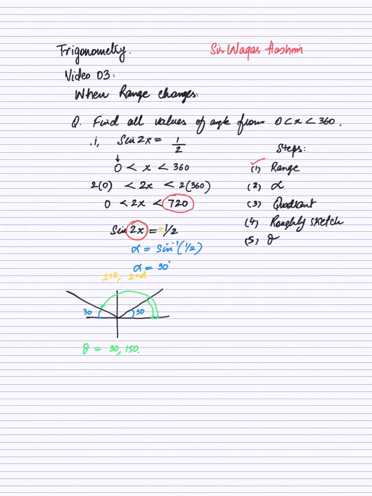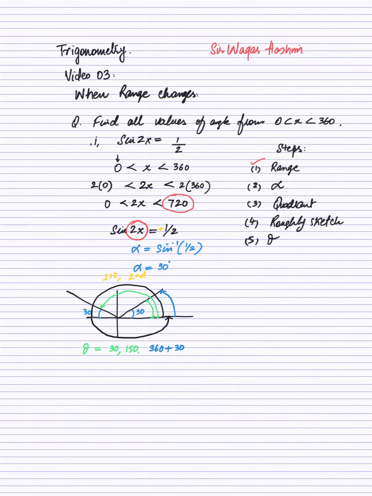If I explain here, let's say that starting from this point, if I travel, that is my first complete revolution. All right, now I need to do it one more time. Now when I again turn around, this value is not 30 degrees. Now the value is 360 plus 30 degrees because I had completed one complete revolution, right?